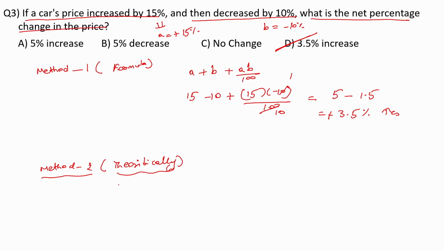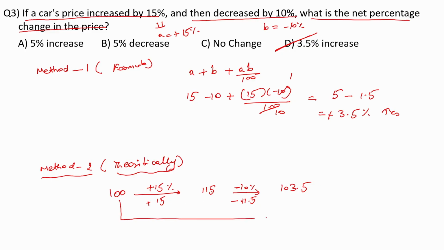Look at the same problem in another way, guys. I suppose my initial value to be 100. It is increased by 15% at first. 15% of 100 would be 15, and that would give me 115. And later it was decreased by 10%. So 10% of 115 would be 11.5. 115 minus 11.5 gives me 103.5.